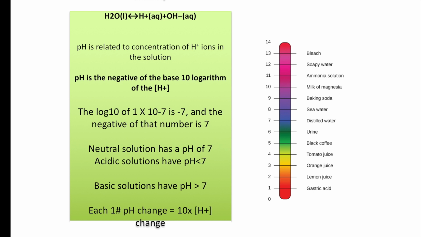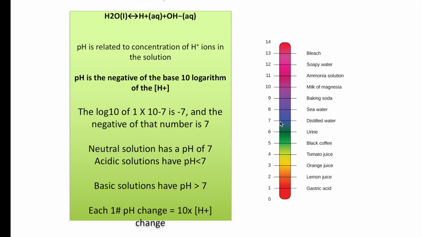Okay, and a pH of 2, for example, would be 1 times 10 to the minus 2 concentration of hydrogen ions, and 1 times 10 to the minus 7 is much less concentrated than 1 times 10 to the minus 2. If you look at pure water versus lemon juice, lemon juice is much more acidic, with a much higher concentration of hydrogen ions.